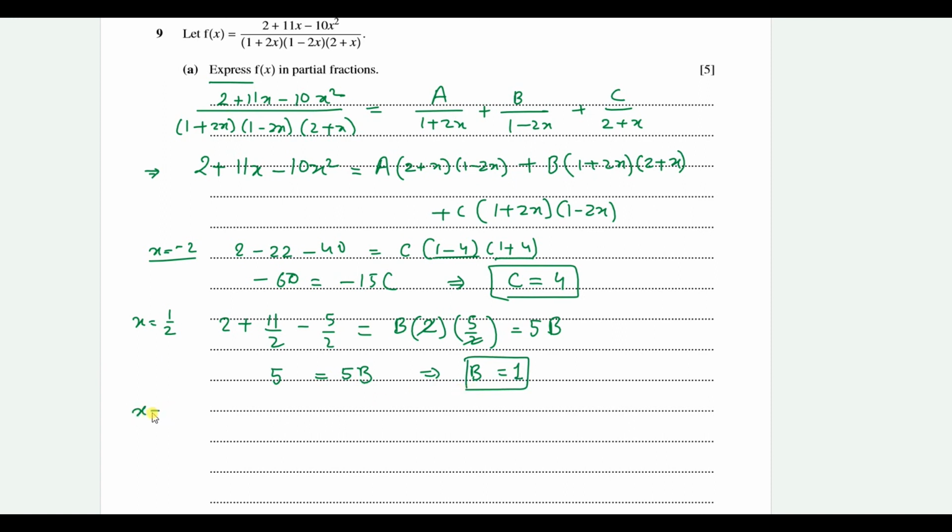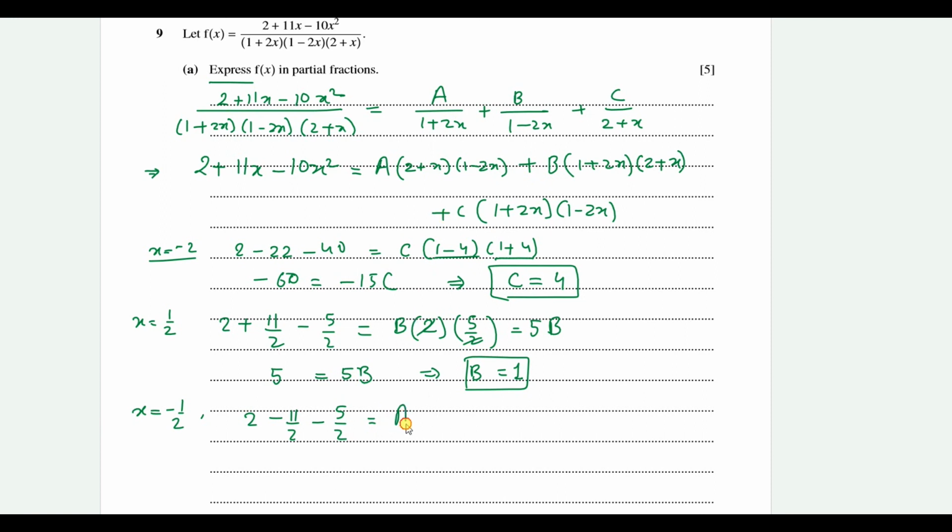Now the last one, we'll put x is equal to minus half. If we put x is equal to minus half, we will get 2 minus 11 by 2 minus 5 by 2 is equal to, this term is gone, this term is gone, only this is left.